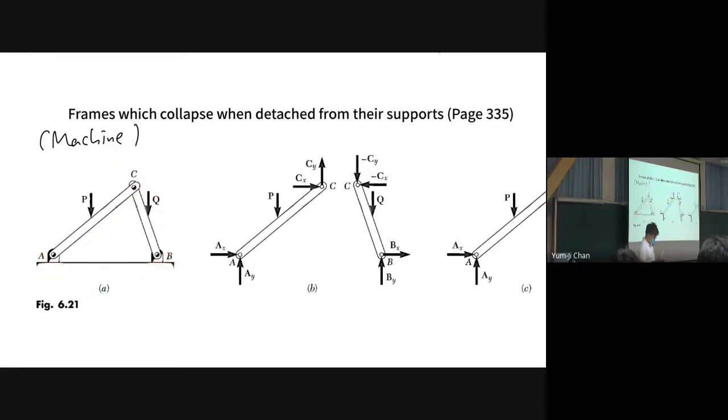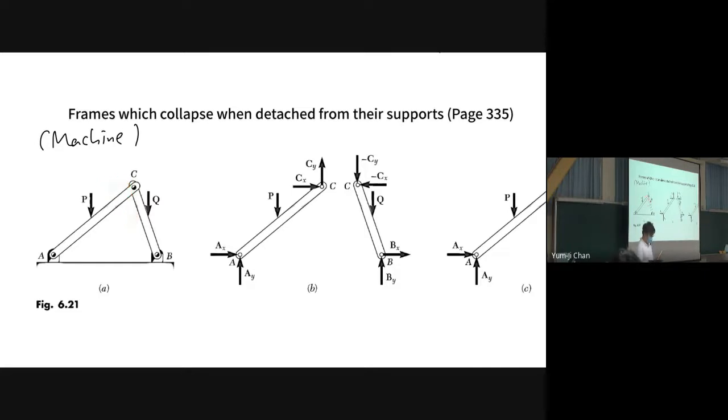Let's talk about AC first. Because there is a pin joint, we have two forces here, right? And at point C, it is also a pin joint, and we have force because it cannot move left or right or up or down, so we have two forces here.